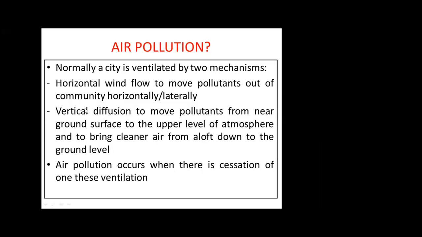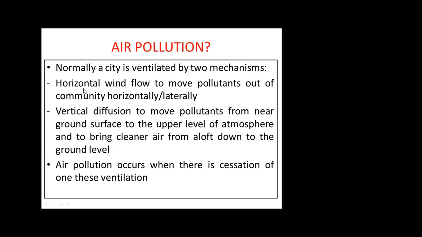These two things are very important: the wind flow moves the pollutant out of the community in the lateral direction, and the diffusion moves the pollutant from the ground to the upper level of the atmosphere, beyond the surface layer. So these two are very favorable for not having air pollution, but it doesn't happen.